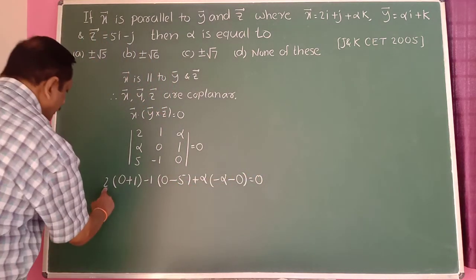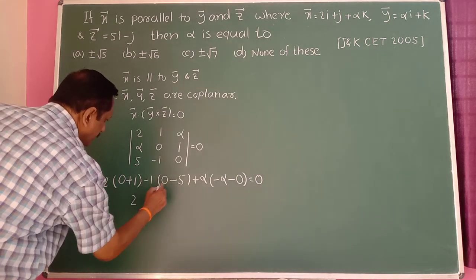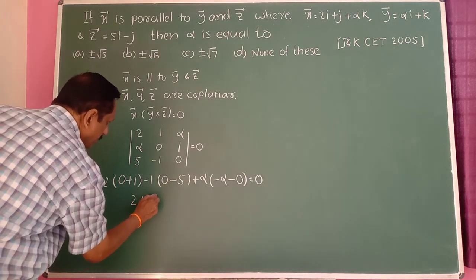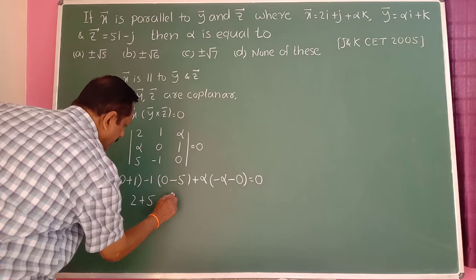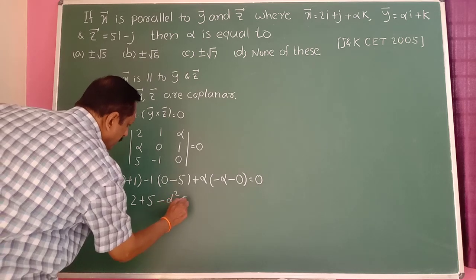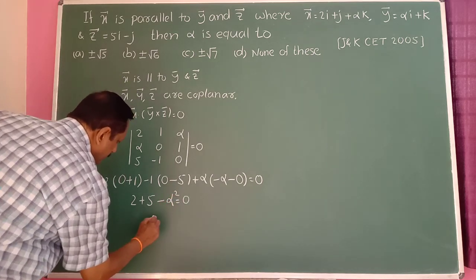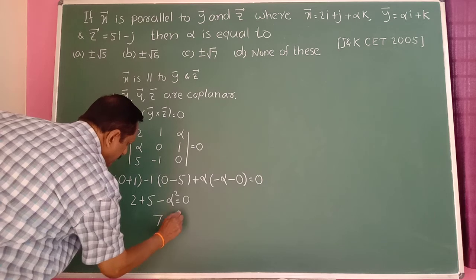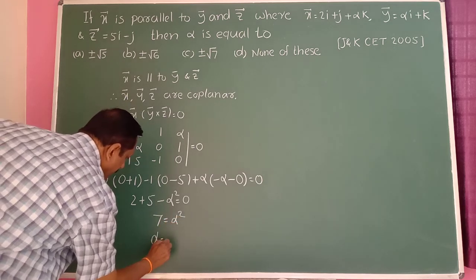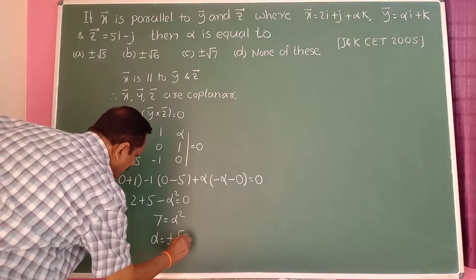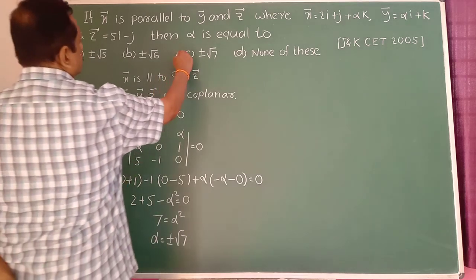Therefore 2 plus 5 minus alpha square equals 0. 5 plus 2 becomes 7, which is equal to alpha square. Hence alpha is equal to plus or minus root 7. So C is the answer.